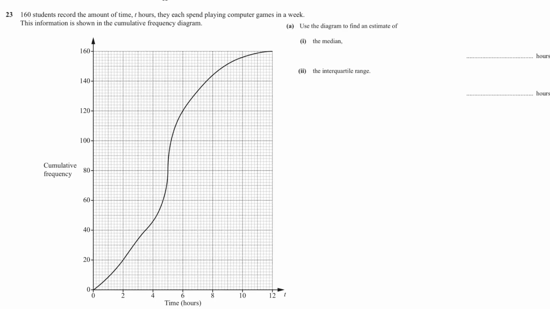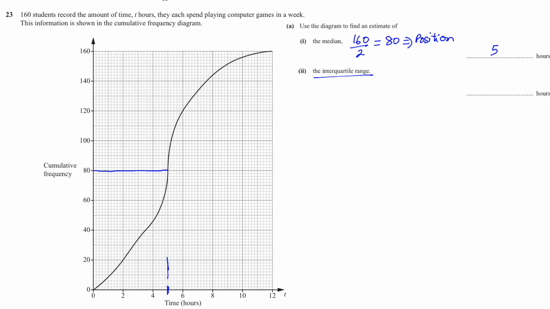So we have the frequency 160. 160 divided by 2 is 80. 80 is your position on the y-axis. 80 is here. When you have 80, what is it in the x-axis? It's 5. So the median is going to be 5.